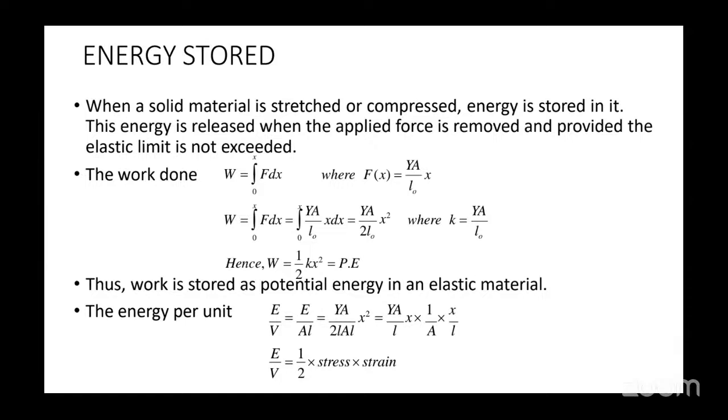So now, if we split it further, open up the equation: YA over L times x, times 1 over A, times x over L. We have also split the x squared into x times x. So instead of writing L squared, we made it L times L. Instead of writing x squared, we made it x times x, and we split them.